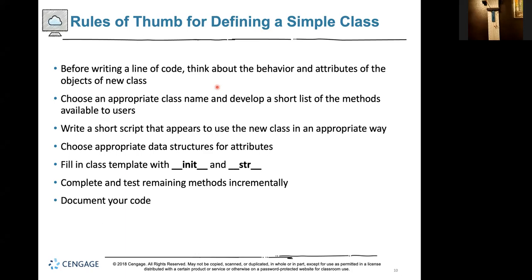For example, for a student class, you want to represent the name, or handle the tests for the students, maybe with variables to handle the test scores. Then choose the appropriate names, and figure out the list of methods that you want the user of the class to be able to use. And then you write a simple script to test it and make sure it's doing the right thing.